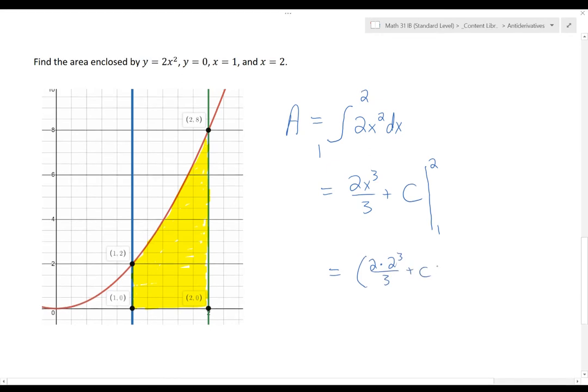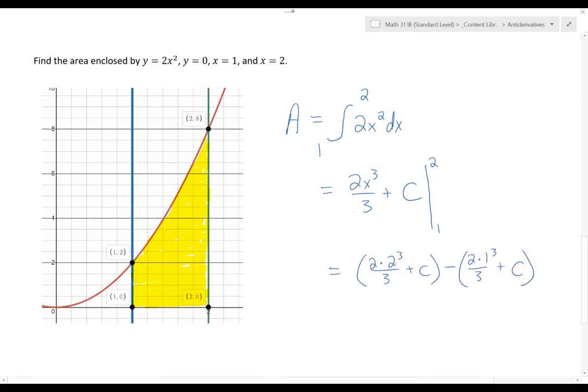So in order to calculate this, I evaluate at 2, so 2 times 2 cubed over 3 plus c, minus 2 times 1 cubed over 3 plus c. Now, the reason the constant doesn't matter is because of the subtraction, it's always going to cancel. So because it will always cancel, we don't usually bother writing it.